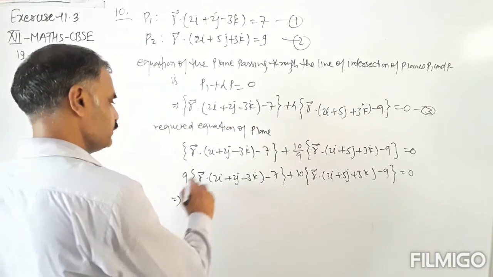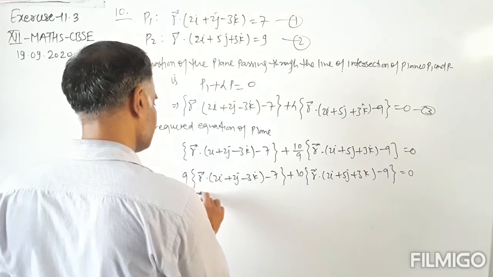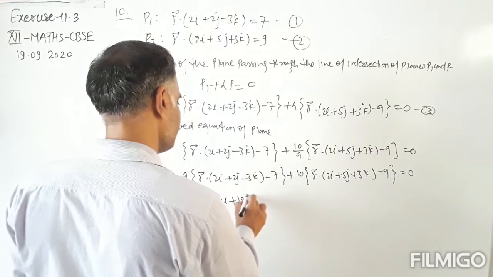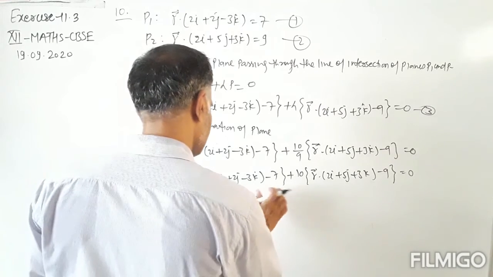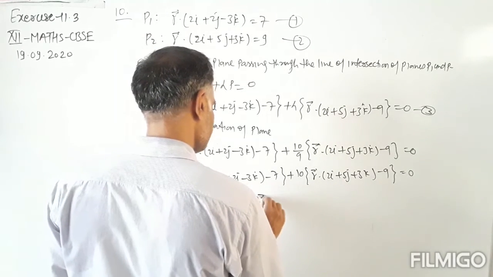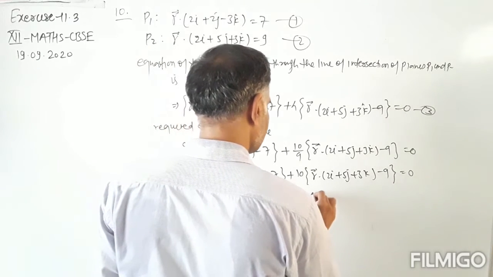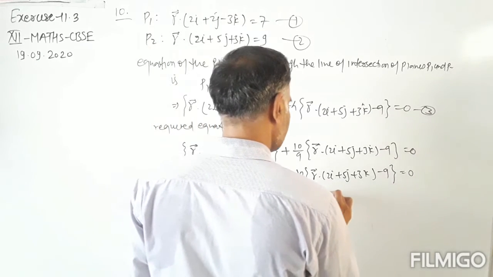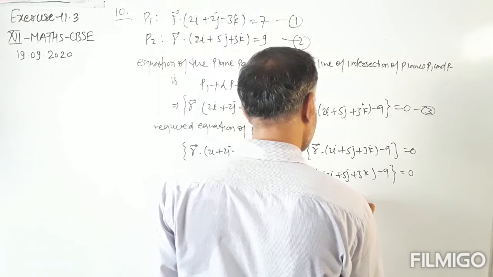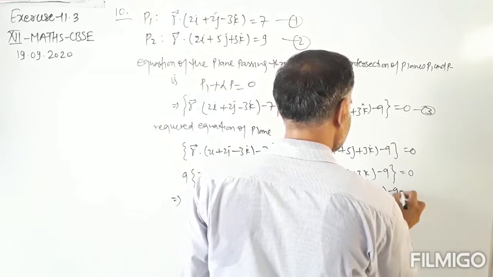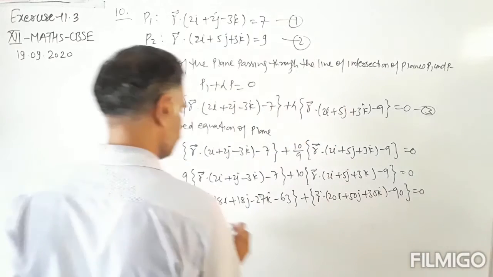Solving this, we have r vector dot (18i cap plus 18j cap minus 27k cap) minus 63 plus r vector dot (20i cap plus 50j cap plus 30k cap) minus 90 equals 0.